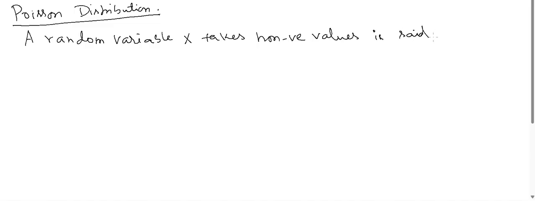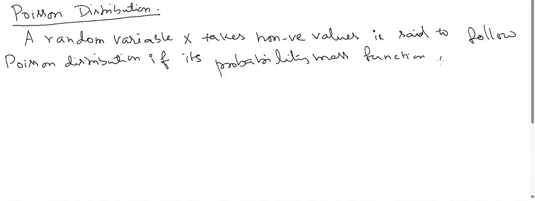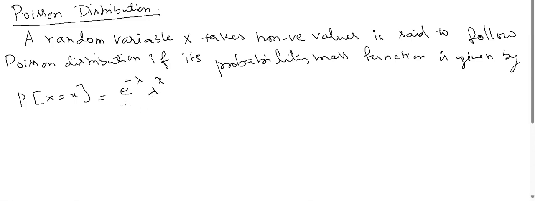It is said to follow Poisson distribution if its probability mass function is given by P of x equal to e power minus lambda, lambda power x by x factorial, where x takes values 0, 1, 2, 3 up to infinity.